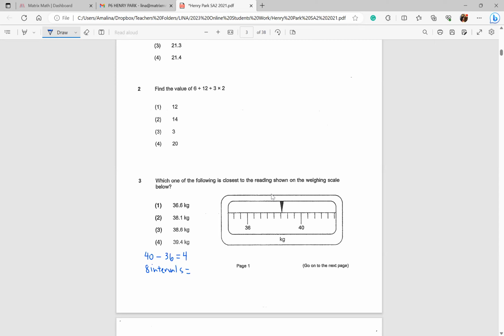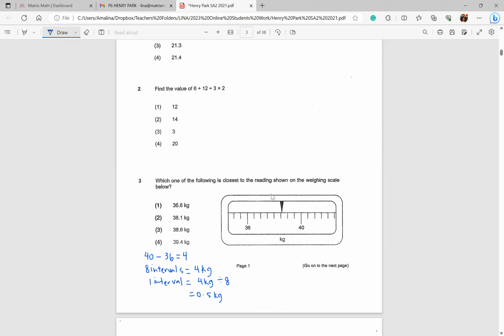So if your 8 intervals equal your 4 kg, you find your one interval first. So for one interval, your 4 kg, you divide by 8. So I get 0.5 kg.